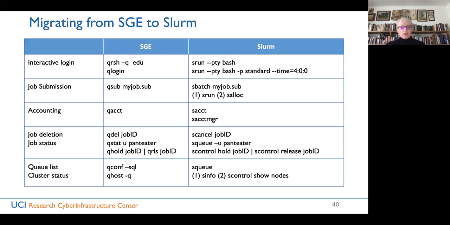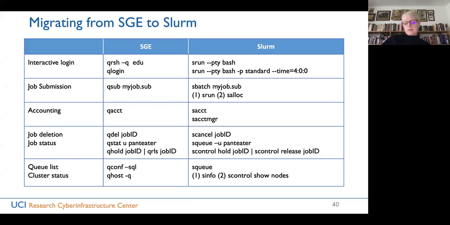And now we're getting to the last five or so slides that I am actually not going to talk about, because this is just too much without any specific example, and we provide examples of some of these commands in our guides. Here, I'm just going to show the comparison of what commands are when you're migrating from SGE to Slurm.